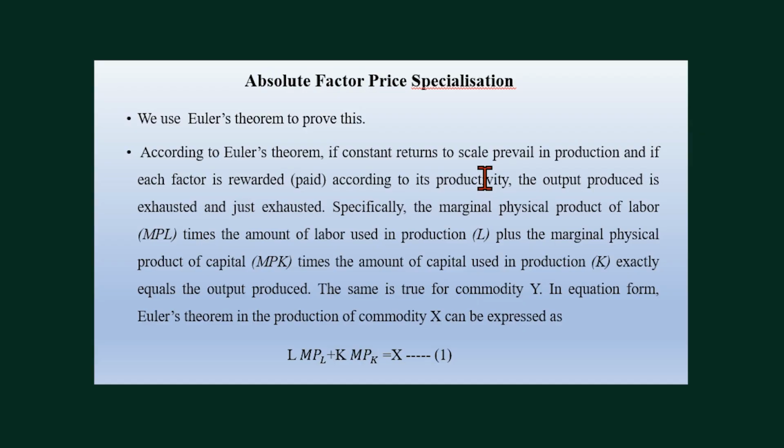According to the Euler theorem, if constant returns to scale prevail in production and if the factors are paid according to their productivity, then the total product will be exhausted. That is, L into MPL plus K into MPK is equal to the total amount of production of good X, which is denoted by equation 1.